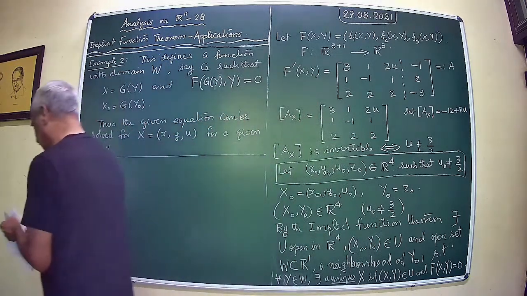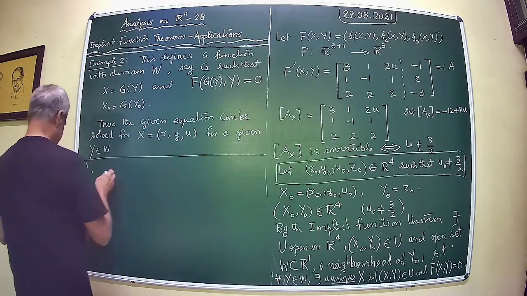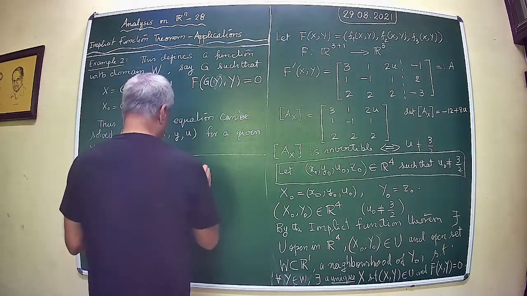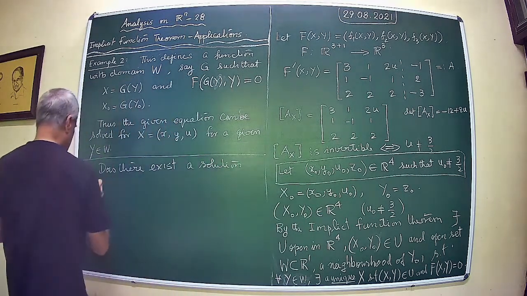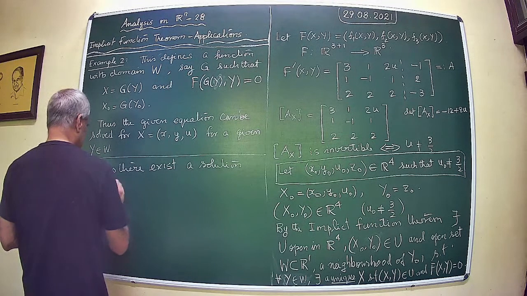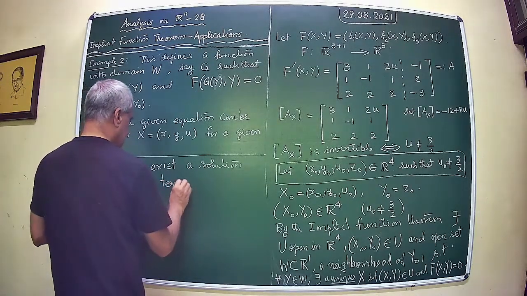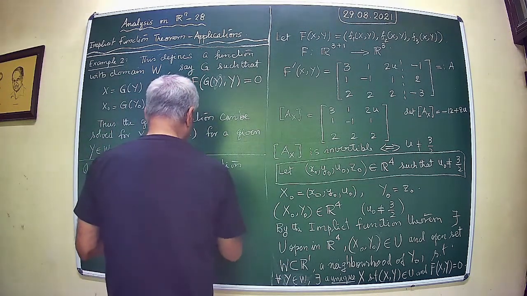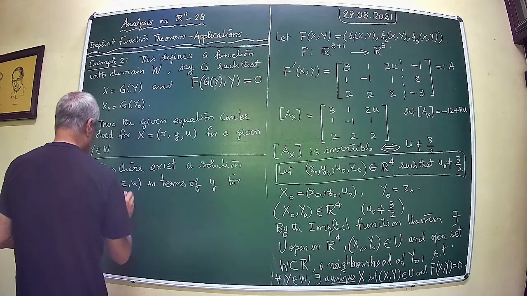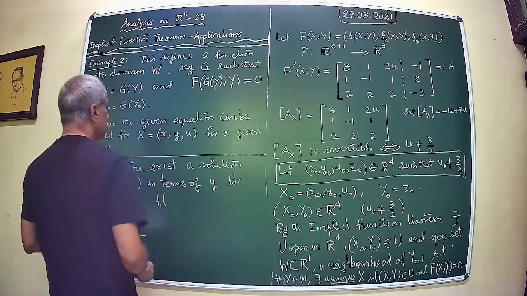Now the second and third question can be answered in the same way, and you can see that question 2 is, does a solution exist in terms of y for the equation f1 of.